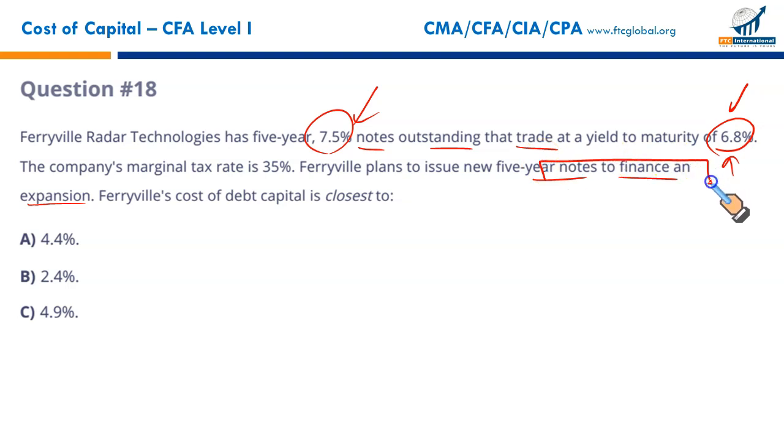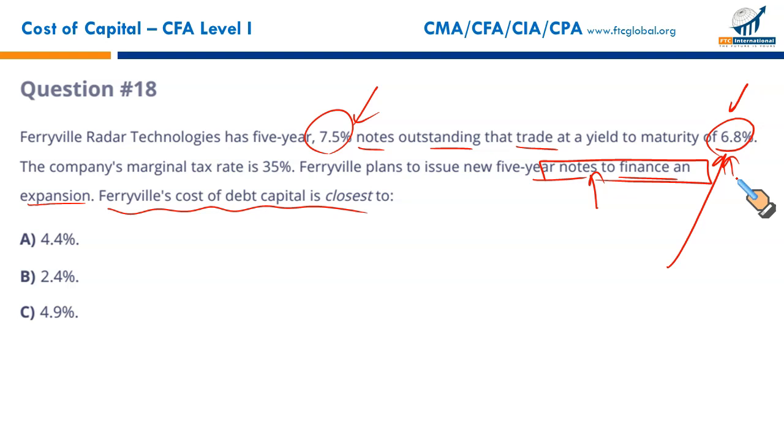So what would be the cost of debt for the new issue? Now, this is interesting. If the expected yield on this new note is available, you will take that. But since we have not been given any information, you will have to use the yield on existing debt, right?